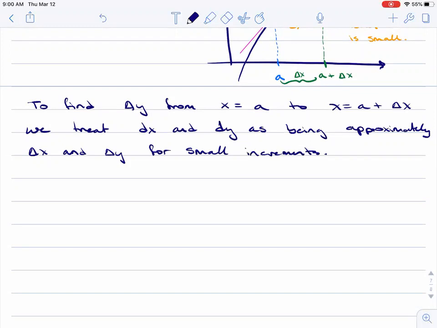Going back to the linear approximations, it only really works around a, so for small increments of delta x.